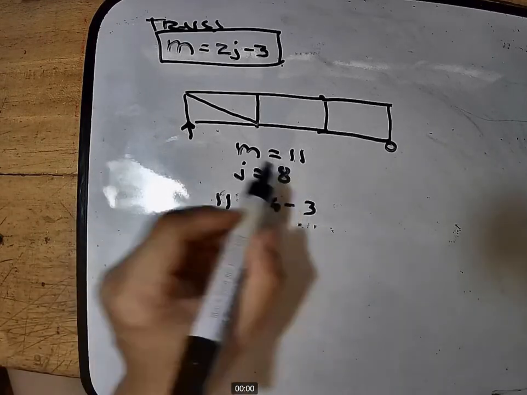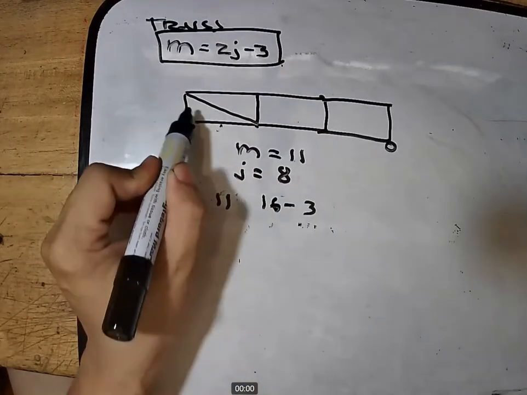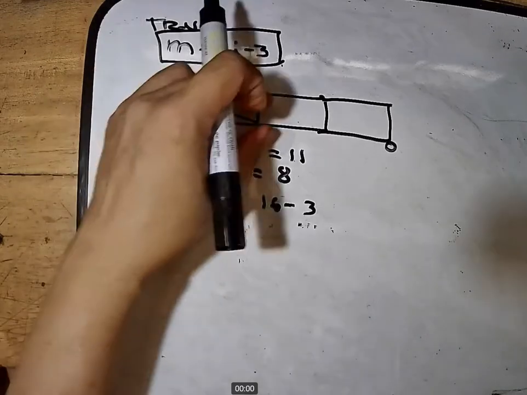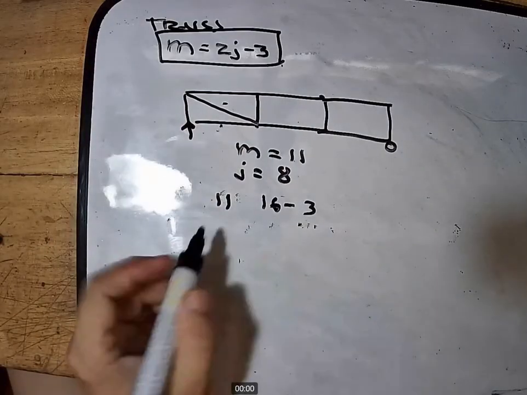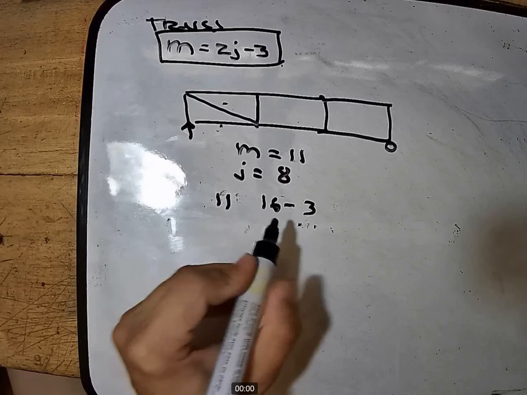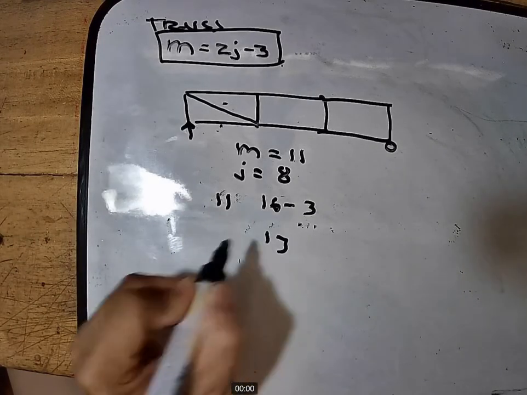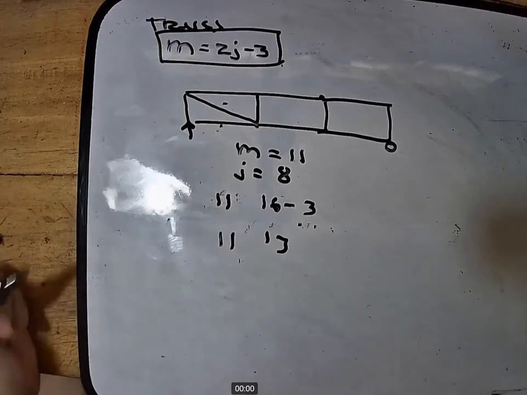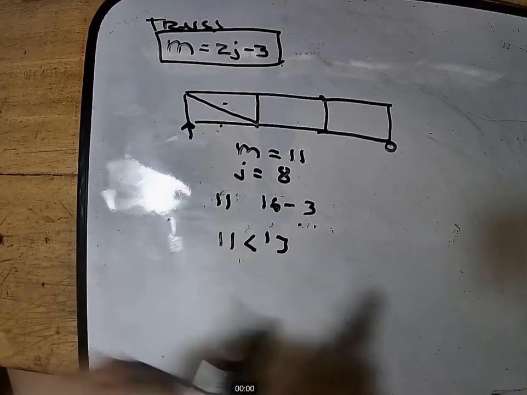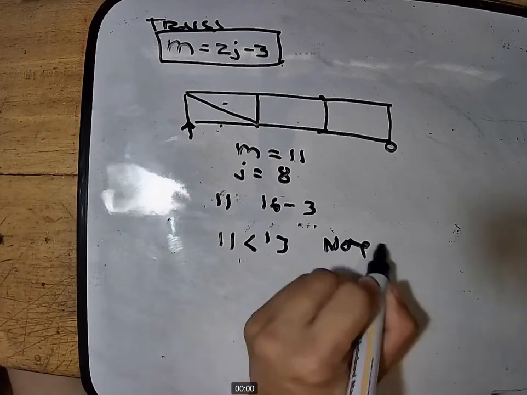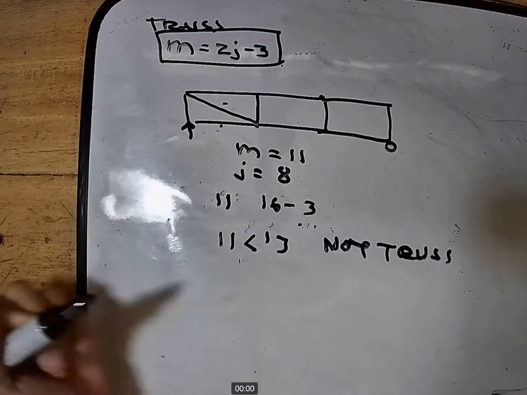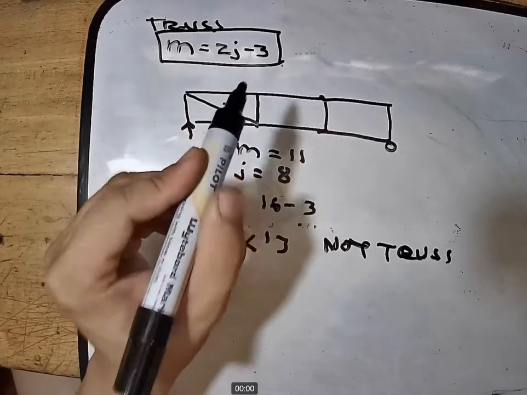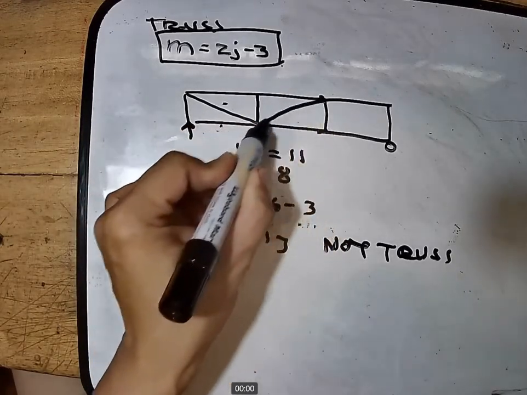Ulit, m is 1, 2, 3, 4, 5, 6, 7, 8, 9, 10, 11; joints 2, 4, 6, 8. 16 minus 3 will give you 13 and then 11. It is still less than. Again, this is not a truss.